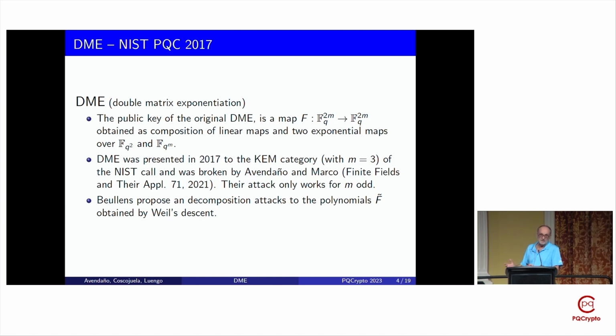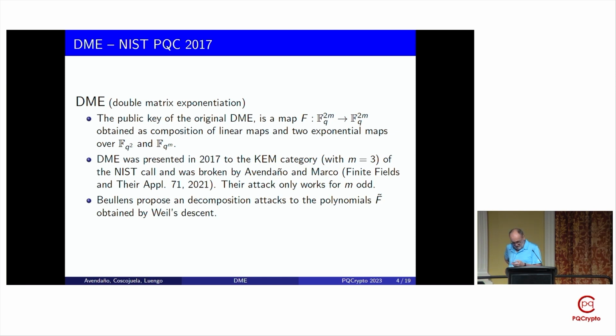There are two versions. The first version was presented to the NIST competition in 2017, and it was based on two exponentials in two different fields, FQ squared and FQ to the M, for M equal 3.